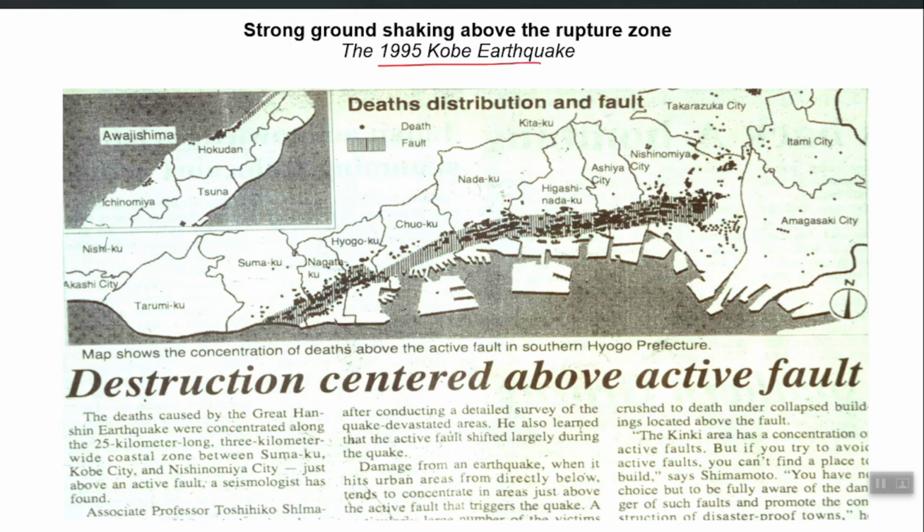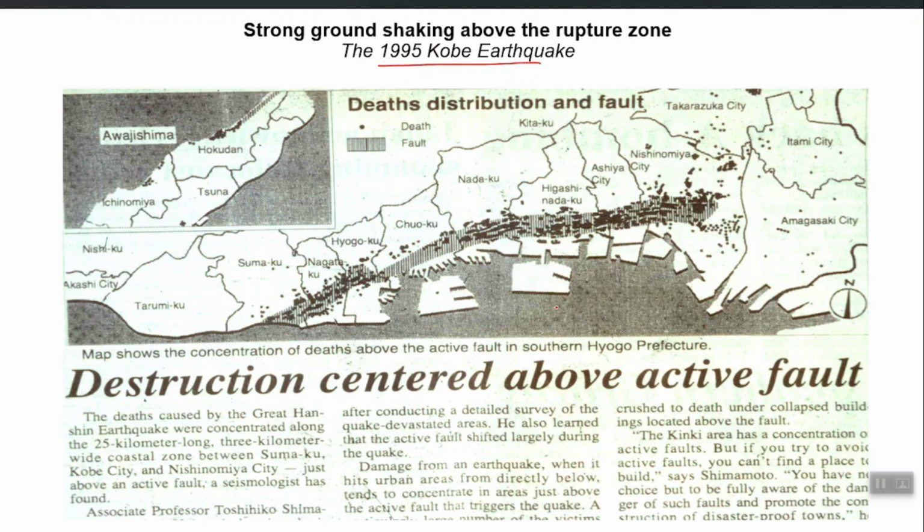the 1995 Kobe earthquake in Japan, a very famous earthquake, and there was a lot of earthquake research after this earthquake, right? Several of the research findings which laid the foundation of modern earthquake engineering can be traced back to this earthquake, the 1995 Kobe earthquake.